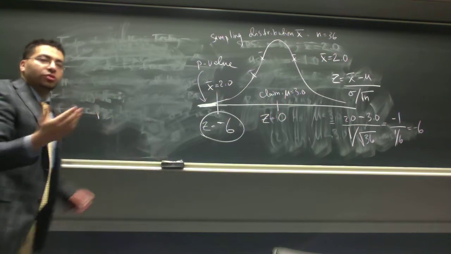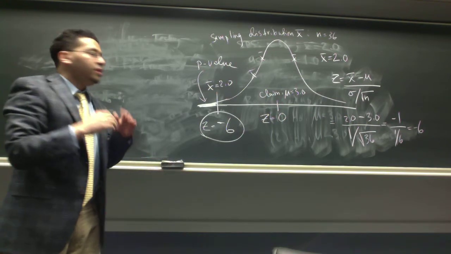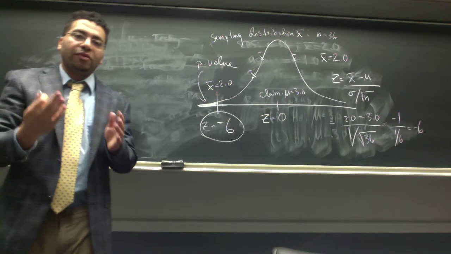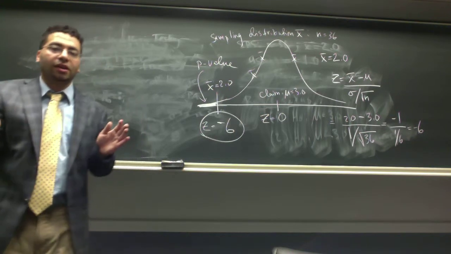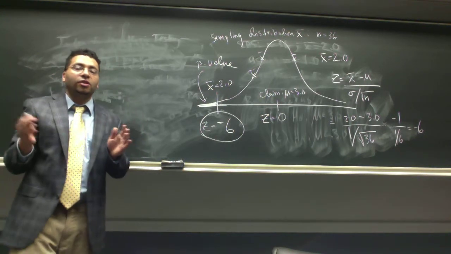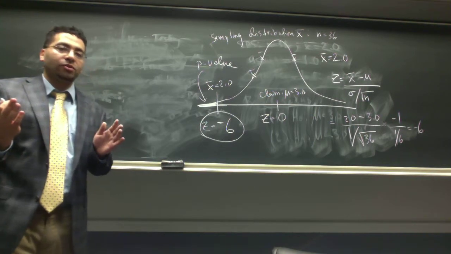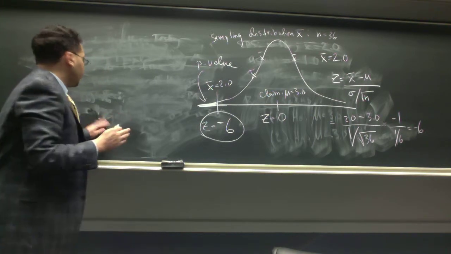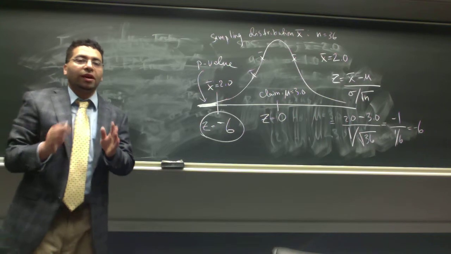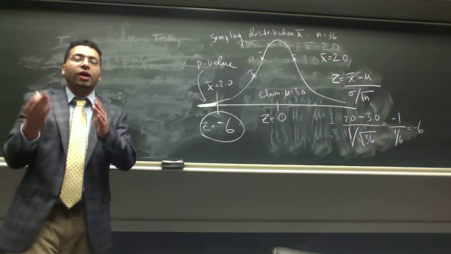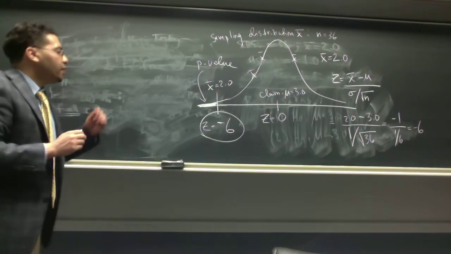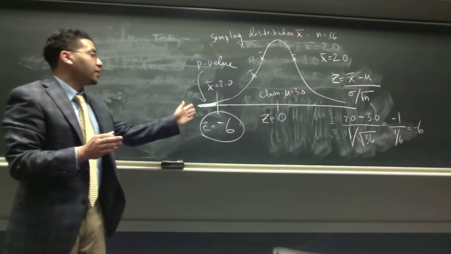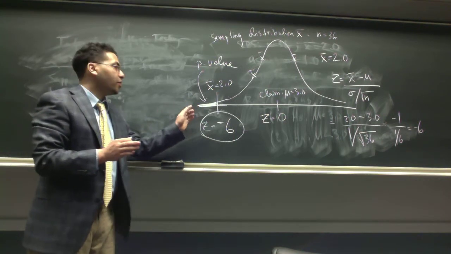To do that, we need to use technology like a graphing calculator or Microsoft Excel, SAS, SPSS. There are many ways of calculating a p-value. For now, we're going to give you the p-value, and then in another lecture, we'll show you how to calculate p-values.